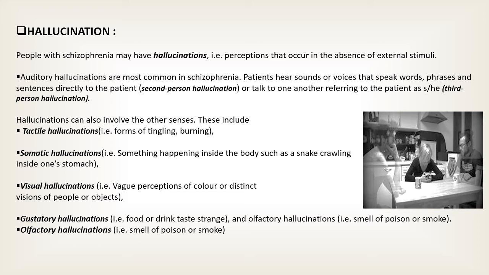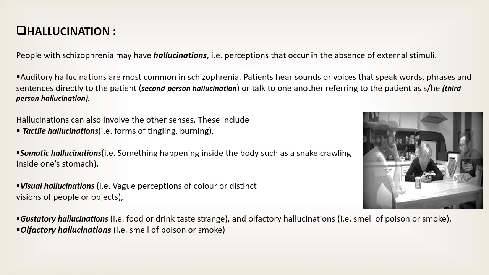Then there is somatic hallucination. That is something happening inside the body. Somatic, soma, bodily sensation. Hallucination is there, that a snake is crawling inside one's stomach, or an insect is moving inside the skin. Okay, or there is something inside the body. So all these are somatic hallucinations.